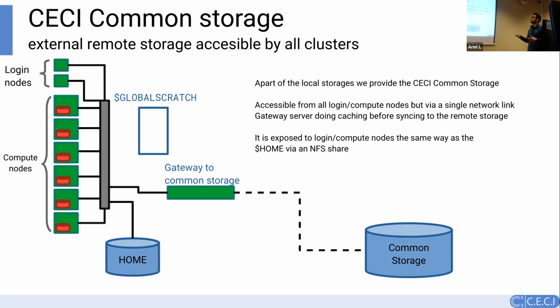So when you write to the common storage from Lemaitre3, you are actually directly physically writing on this gateway machine, this cache machine. Small is 50 terabytes in this case, and you will write there.